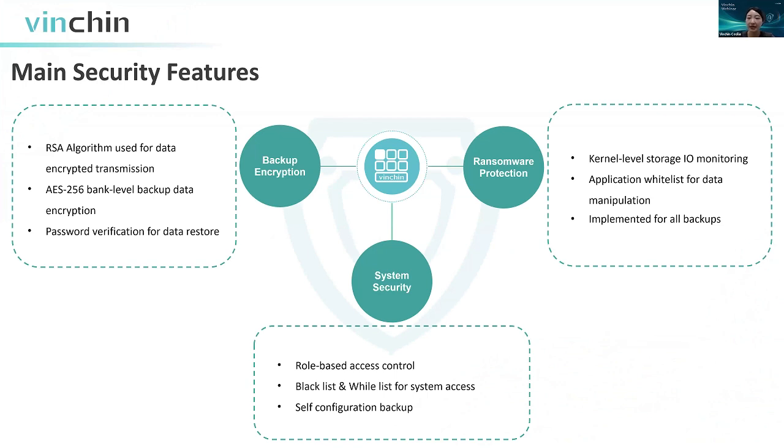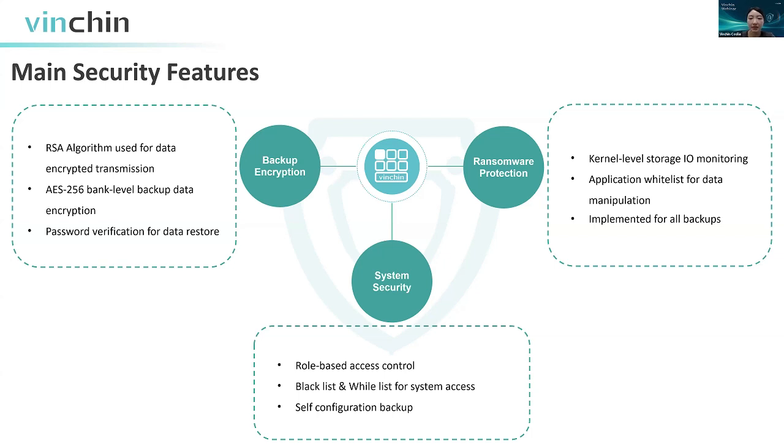First, for the backup data safety, Vinchin supports encrypted data transmission using the RSA algorithm and uses AES 256 bank level encryption to encrypt the backup data inside the storage. And for the backup retrieval, password verification is a must for data recovery. So this is for the backup data.